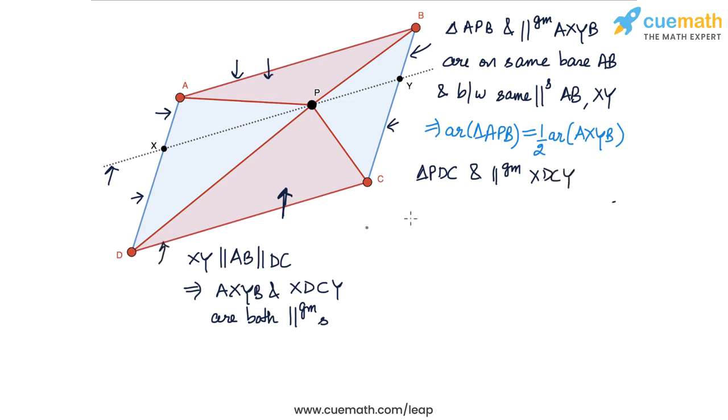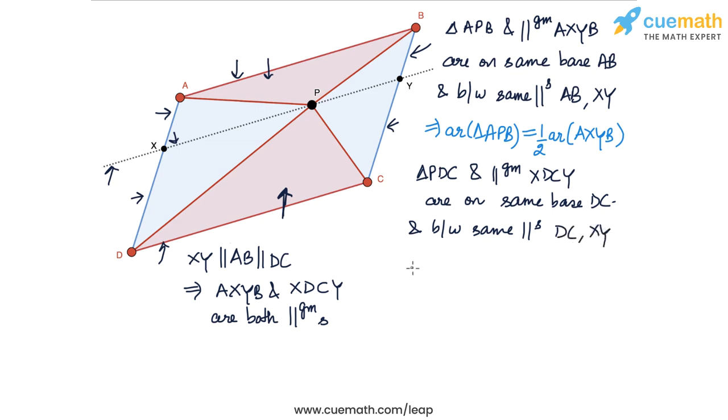DC is this side. So let's write it. So they are on same base DC, and also between the same parallels DC and XY. So they are also between the same parallels, and the same parallels are DC and XY.